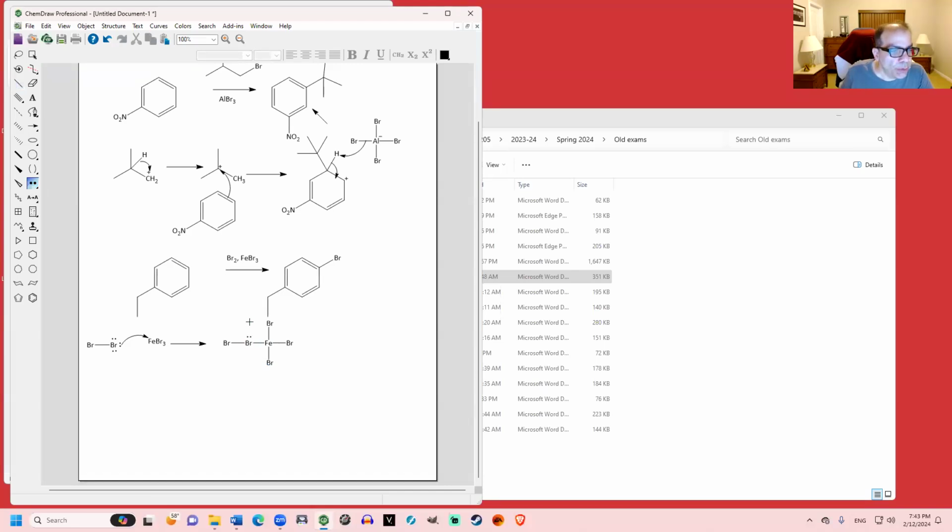And you get a bromine with a plus charge and an iron with a minus charge. It got kind of covered up by the red nonsense, but this bromine has a plus charge because it has two bonds and two lone pairs.